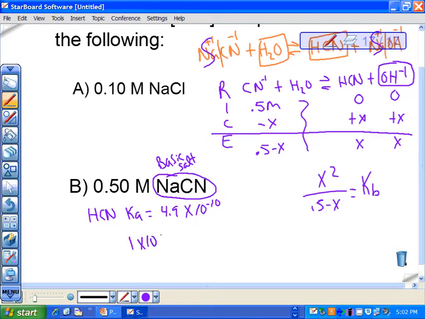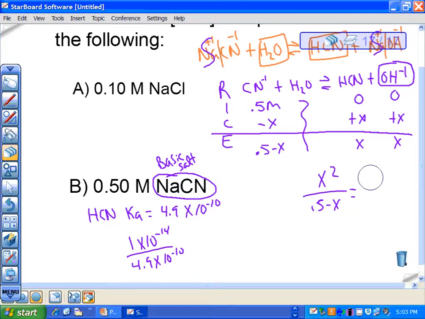Well, you take 1 times 10 to the negative 14, and you divide it by 4.9 times 10 to the negative 10th. We're going to divide those out. You get 2.0 times 10 to the negative 5th here.